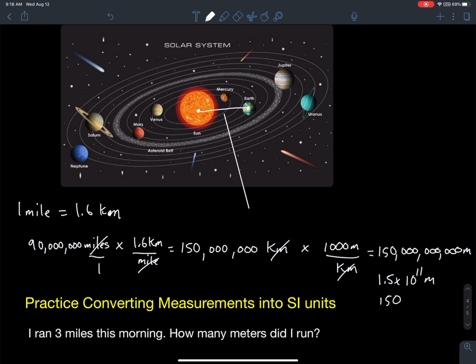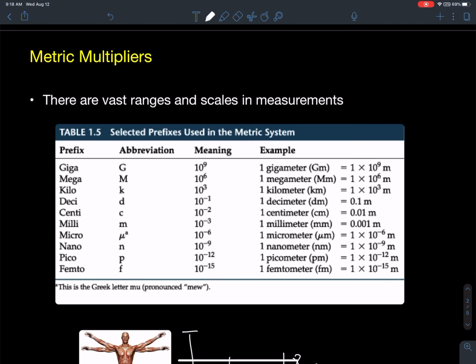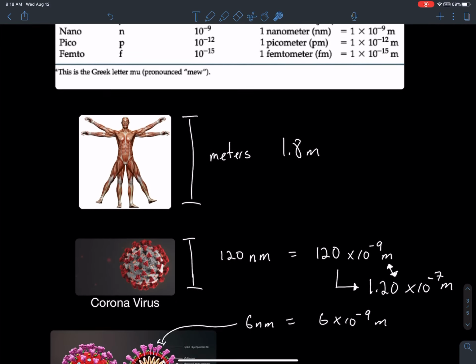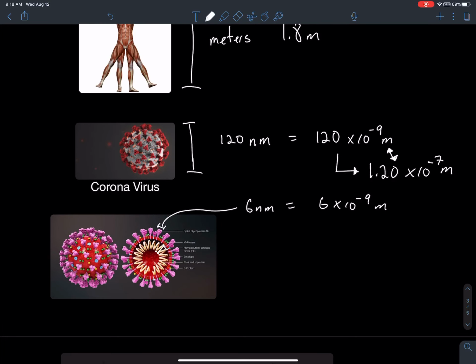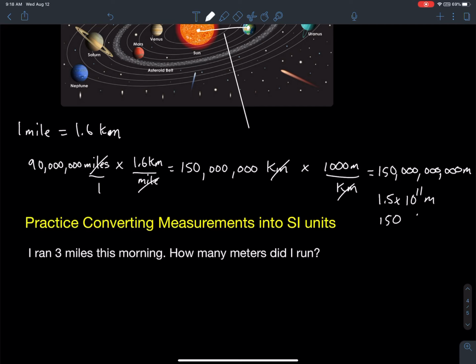If I go up to this table, 10 to the 9 is giga, okay? So then what we can say is I have 150 gigameters, okay? That's the logic behind why we have those identifiers and why we use scientific notation.